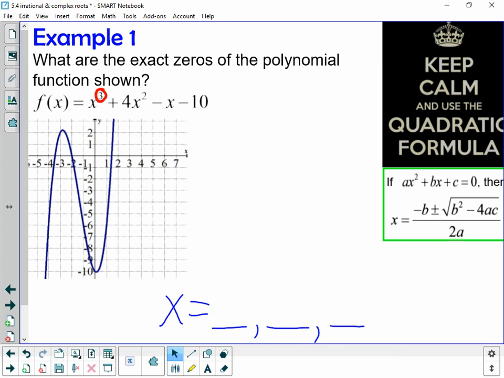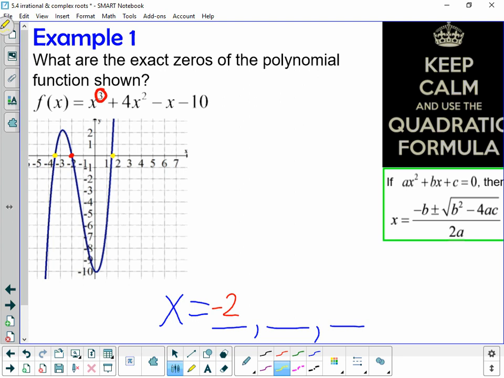Well, when you look at this graph, you should immediately be able to see one of the roots. Right here. We know that one of the roots of the polynomial is -2. The other ones, though, aren't crossing the x-axis at integer points, so we can't be sure of what those values are.